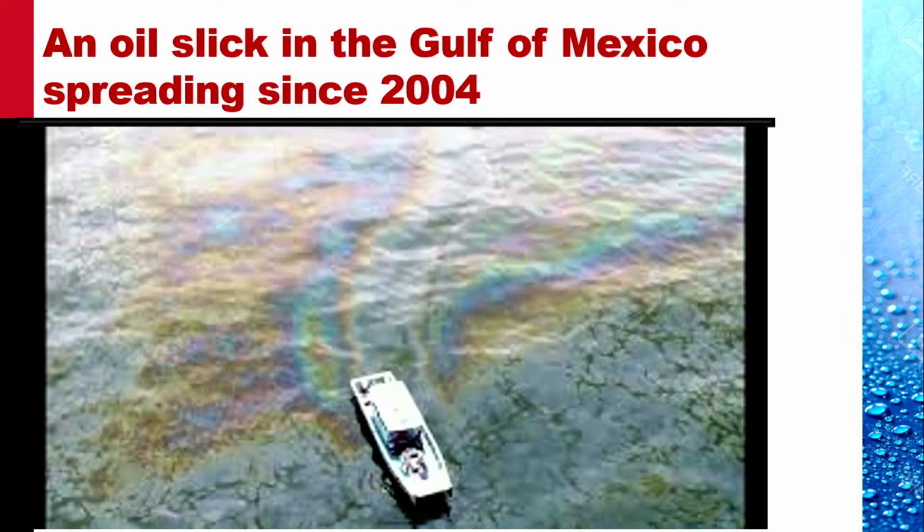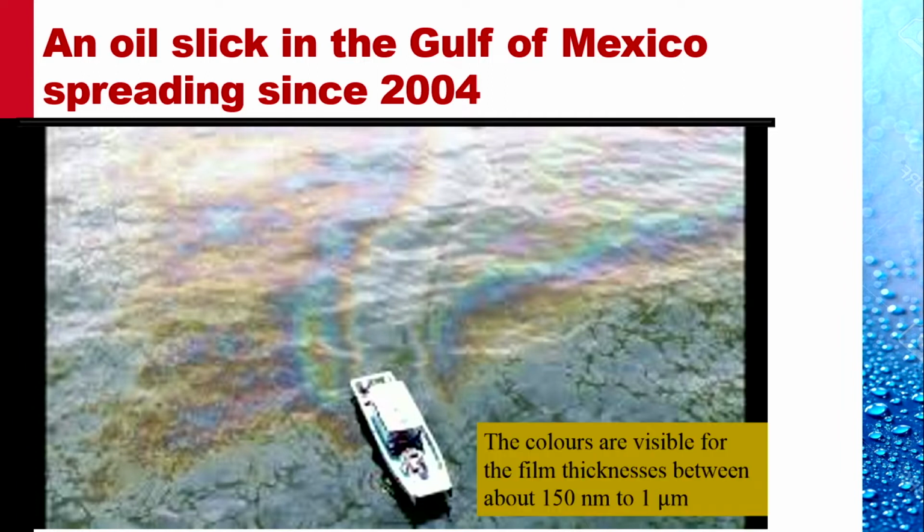This picture shows an oil slick in the Gulf of Mexico that has been spreading since 2004. You see the rainbow colors. The colors are visible only for film thicknesses between 150 nanometers and 1 micrometer.